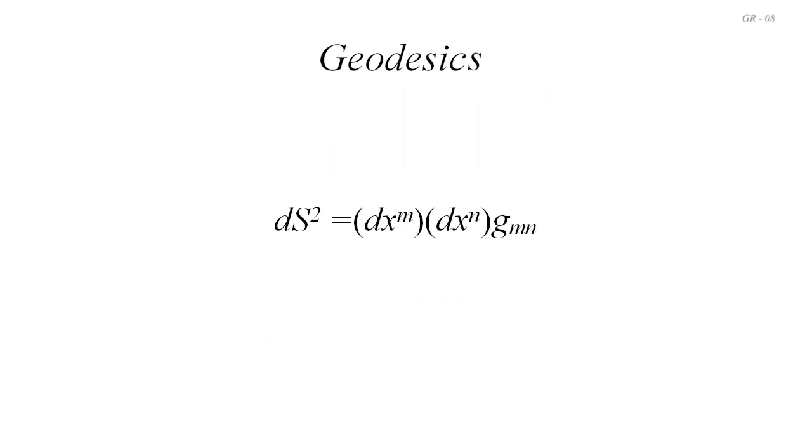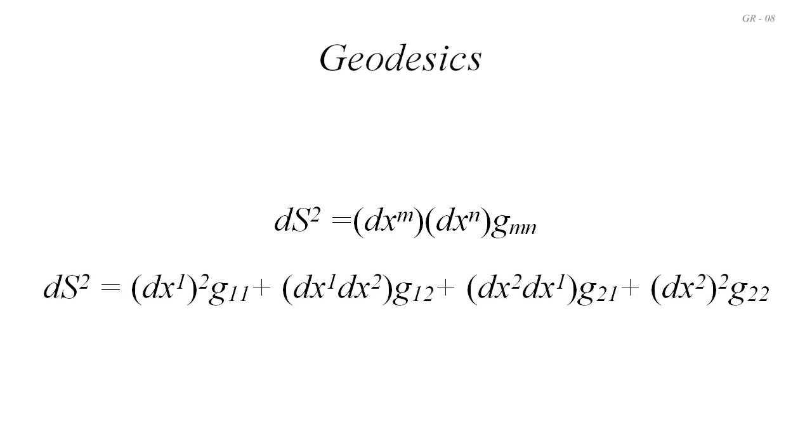Remember that the square of an infinitesimally small displacement ds is given by this expression, which for 2 dimensions such as we have here, when all 4 entries in the metric tensor are non-zero, turns out to be this.